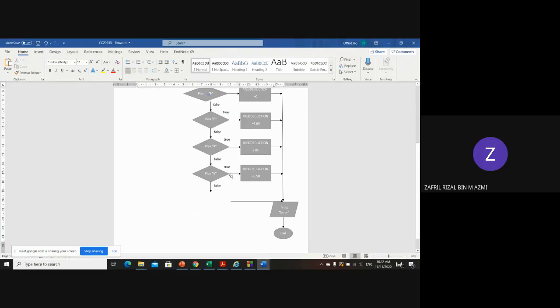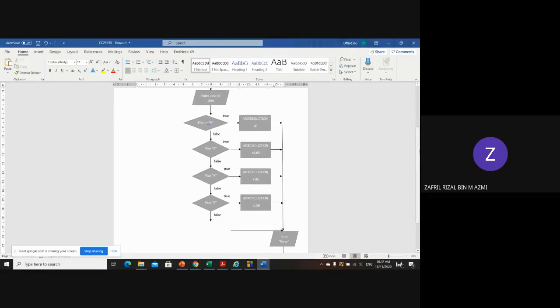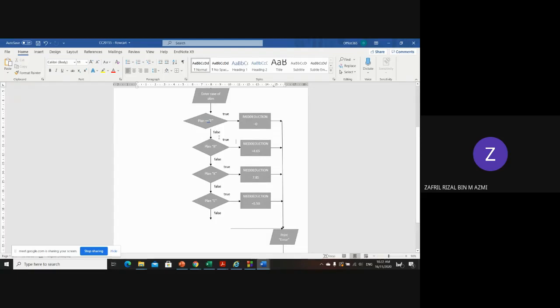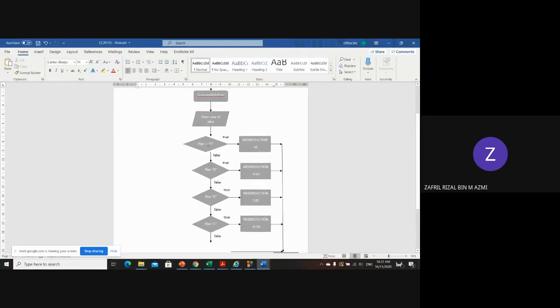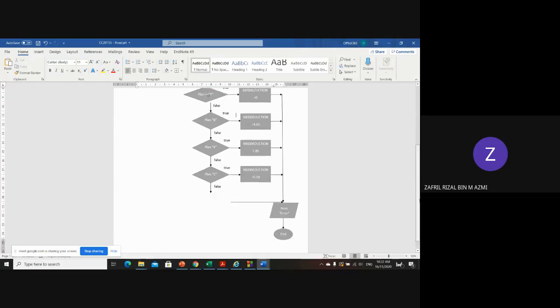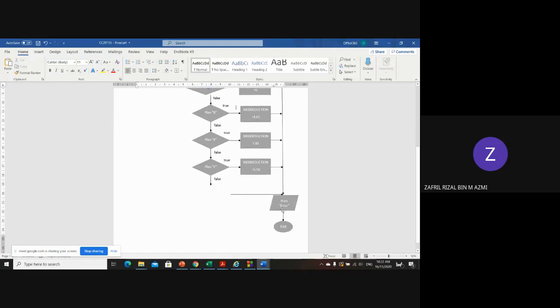The first arrow indicates true: if the decision is true, what should it do? If false, what should it do? If you put it like this, the flow of the process is also wrong. For example, the user enters plant equal to F. So F is true, and made deduction equals 0. Then you see the flow goes into print error. Is it correct?